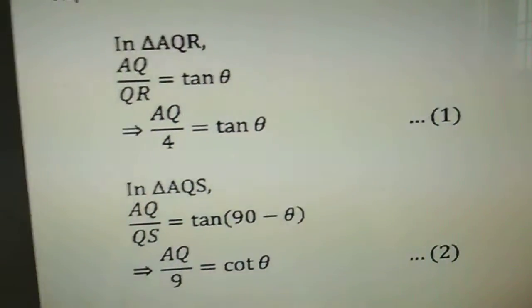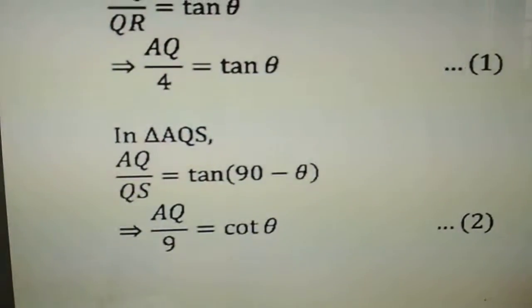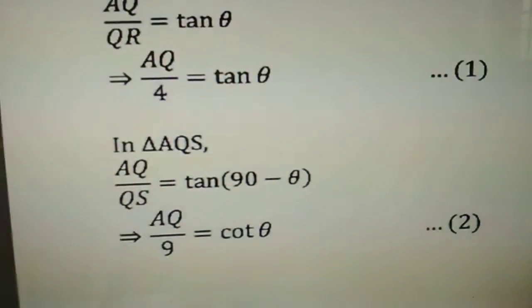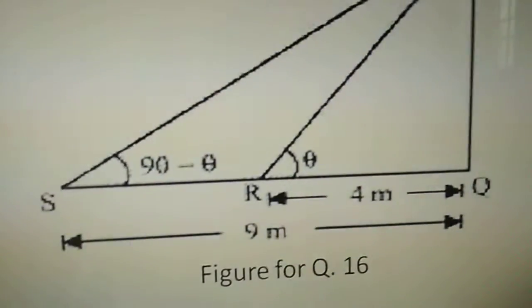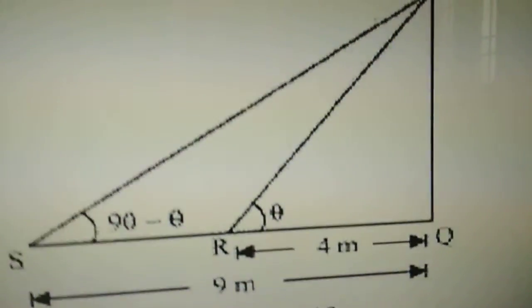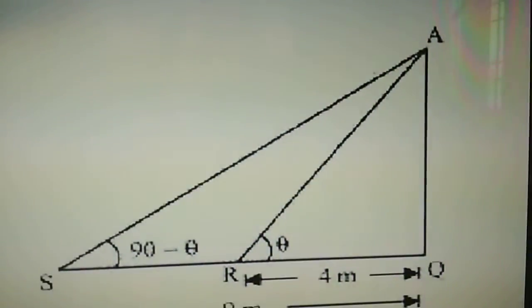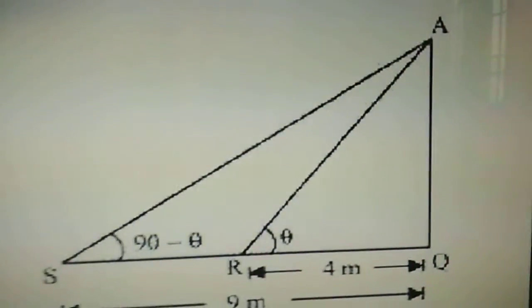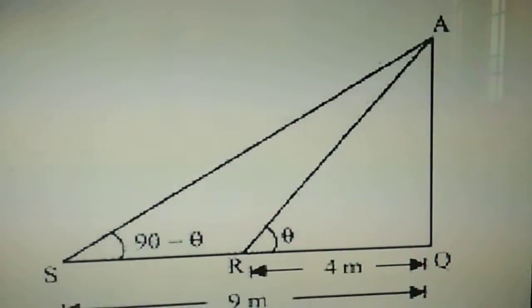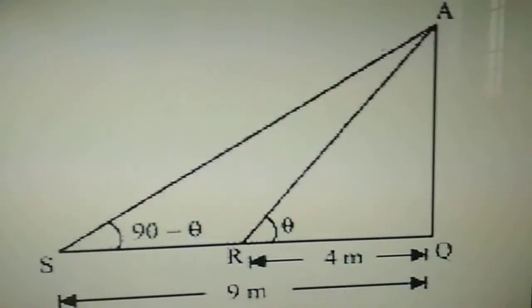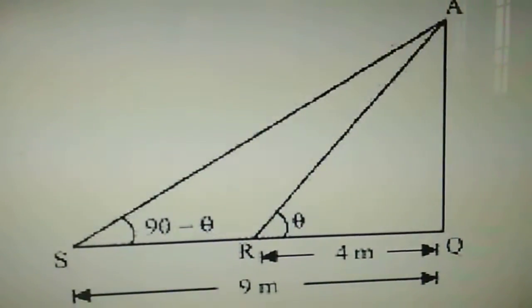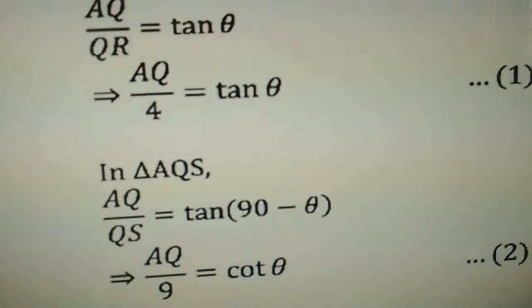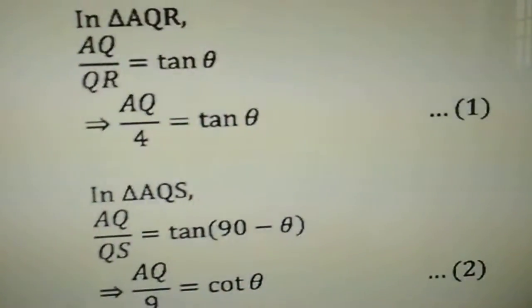Next, in the right angle triangle AQS, look at this figure. You will see that tan of 90 minus theta is AQ by QS. AQ by QS is equal to tan of 90 minus theta.